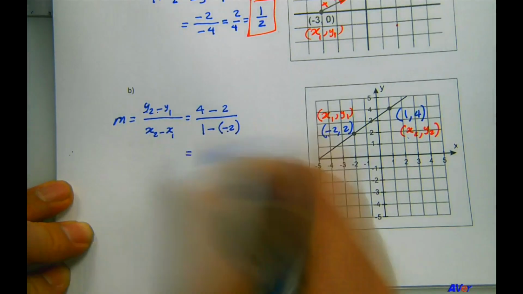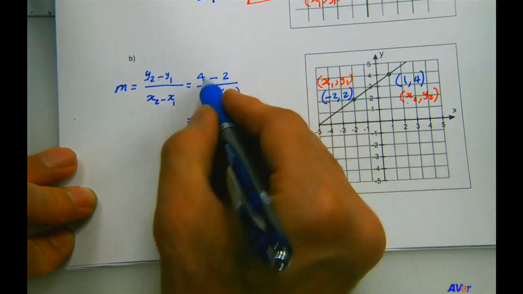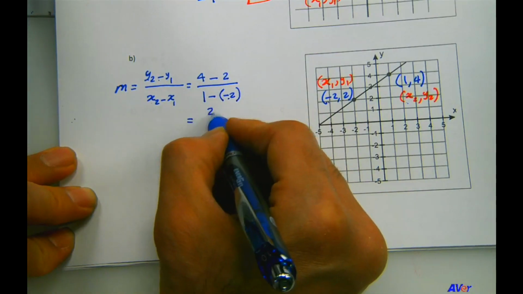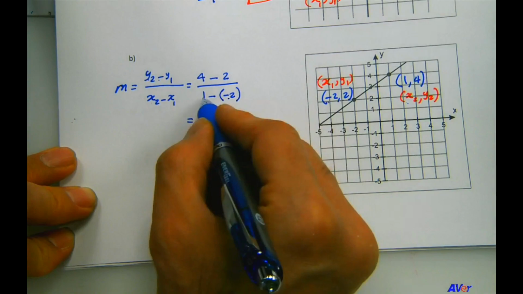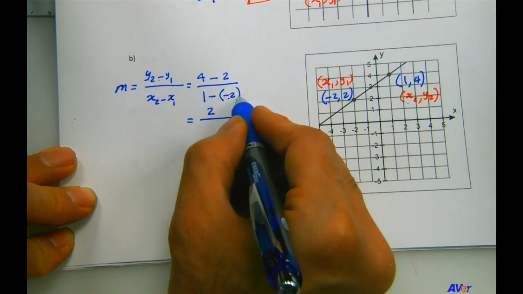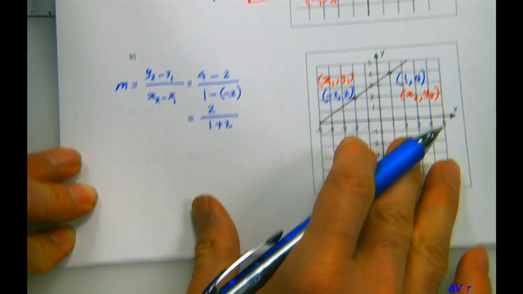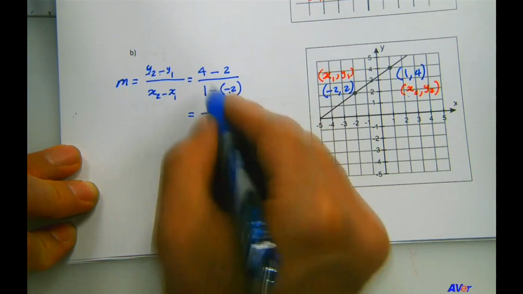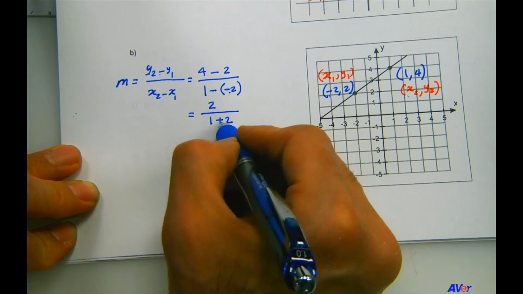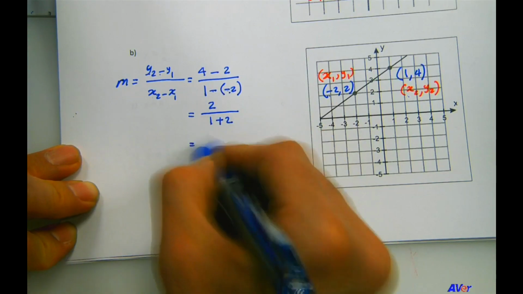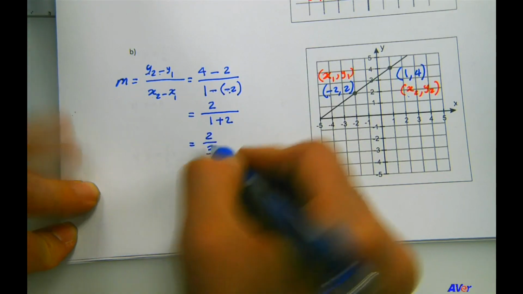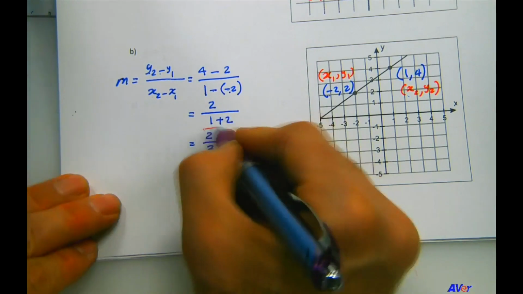Okay, so let's simplify. 4 minus 2 is +2 divided by 1 minus minus 2 is 1 plus 2, right? This minus will distribute itself to this, makes that positive. Then 2 over 3. So here's the slope.